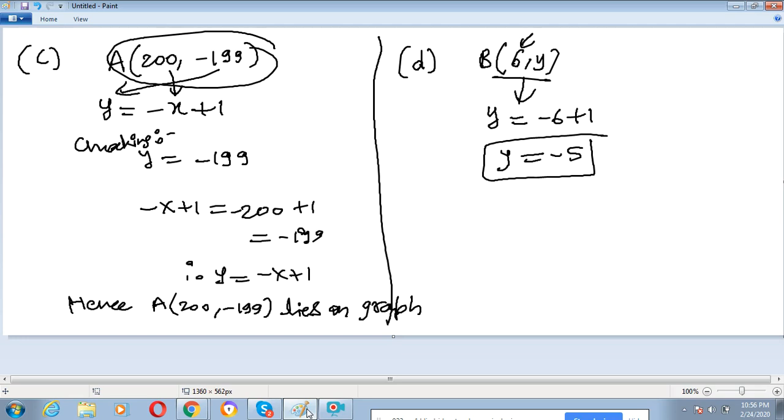So 0, negative 4; 1, negative 2; and then 2, 0; and 3, 2.